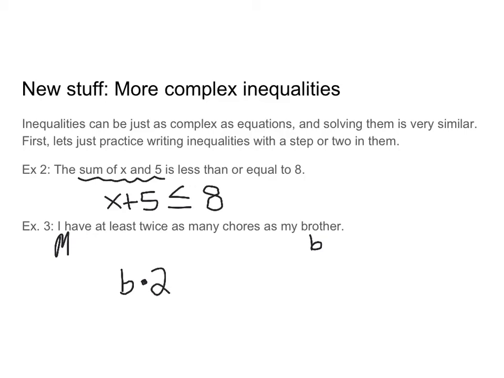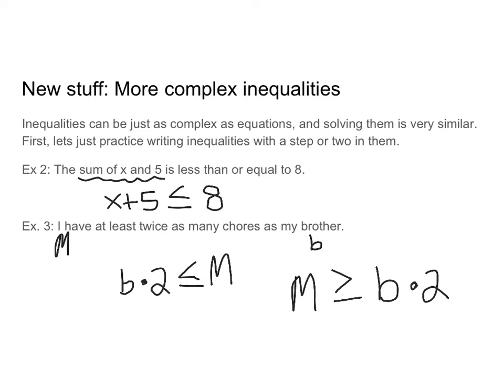And I sort of want to say that's equal to me, but it's not, because I need to be more than that. And I need to be more than or equal to that. So another way to say that is that my chores are greater than or equal to my brother's chores times 2. Or my brother's chores times 2 are less than or equal to my chores.